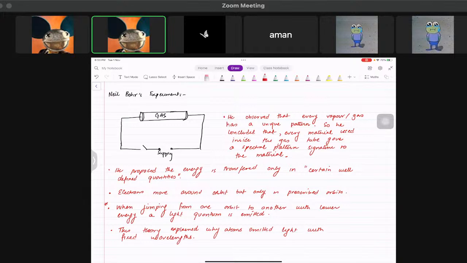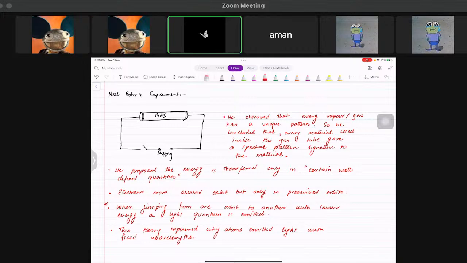But when it's coming back, energy can neither be destroyed nor created, right? That's what we've learned. So when it goes to an orbit of higher energy and returns back, the energy that it has amassed, it releases as a photon of that same amount of energy. Do you understand?